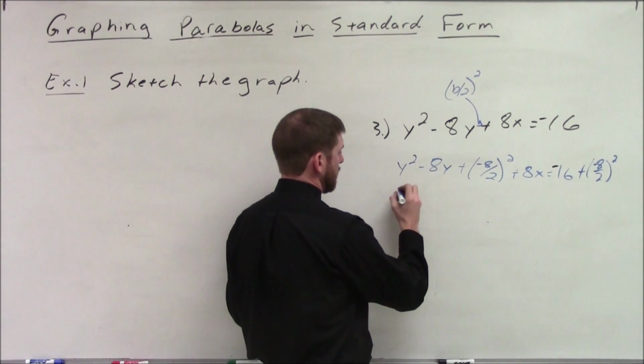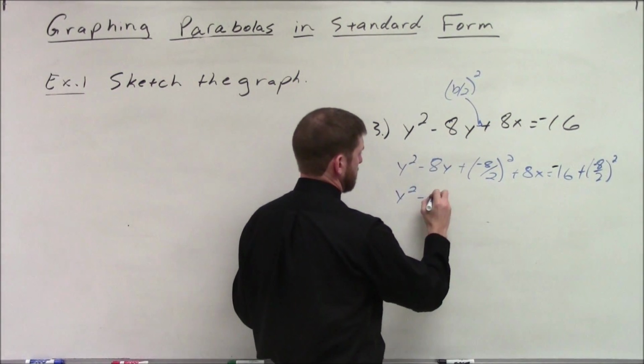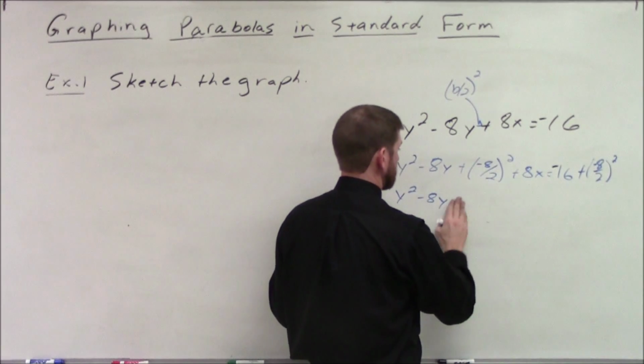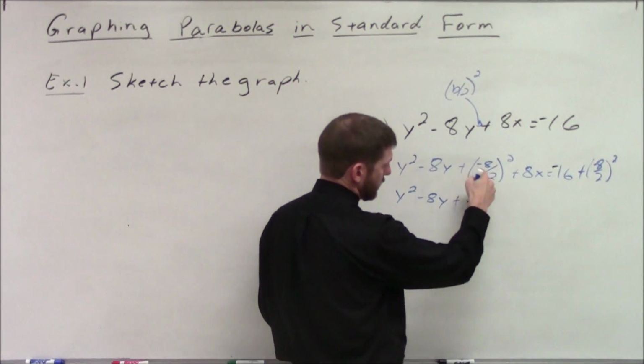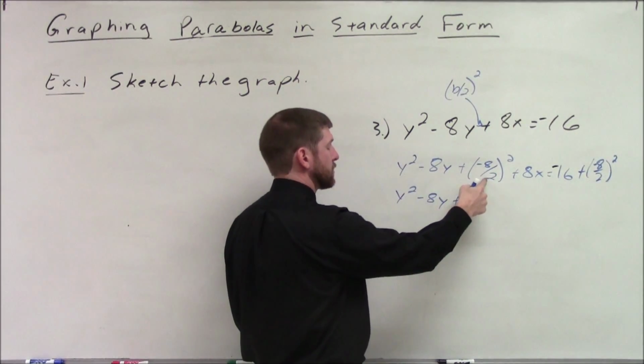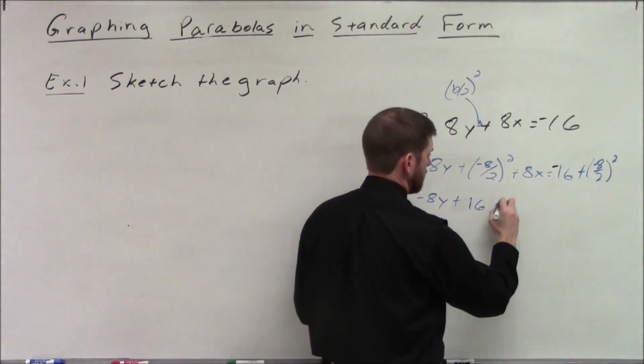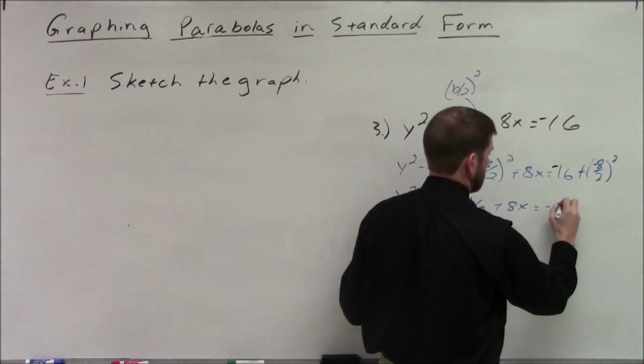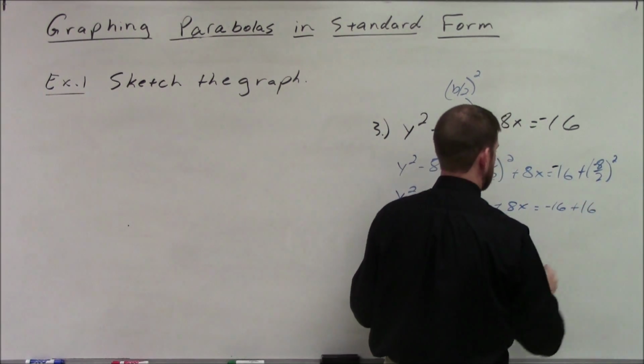So we'll go through y squared minus 8y plus -4, since -8 over 2 is -4, squared is 16, plus 8x equals -16 plus 16.